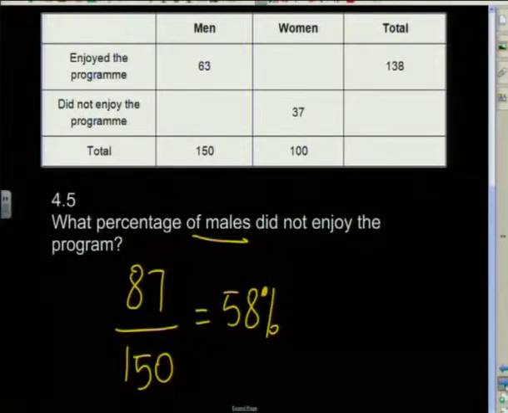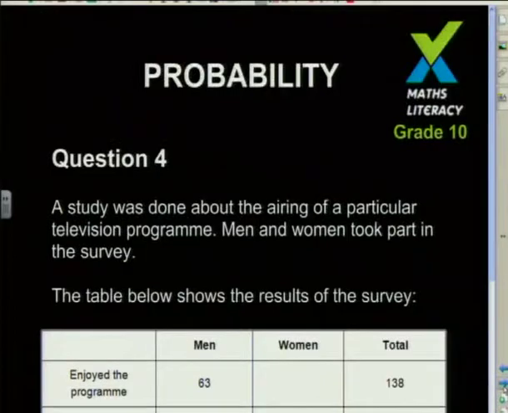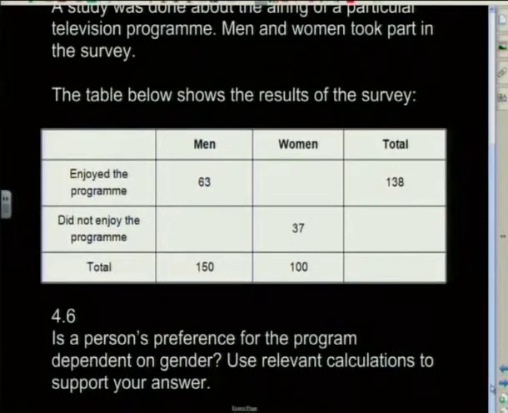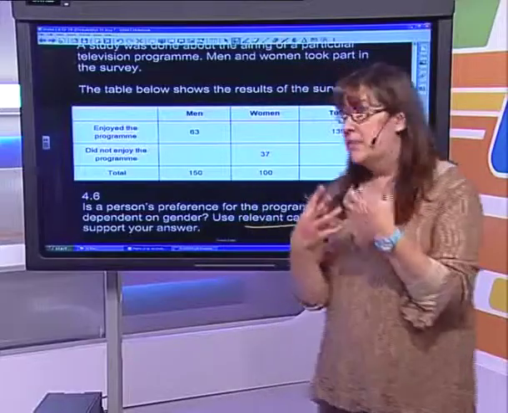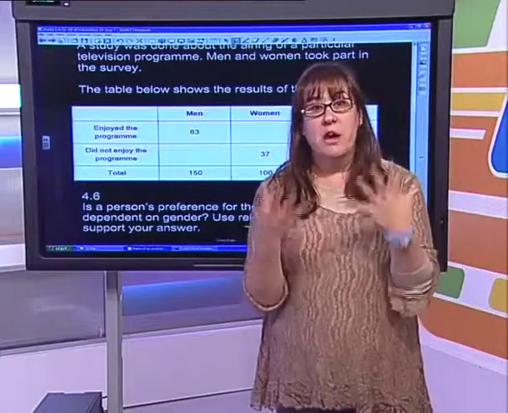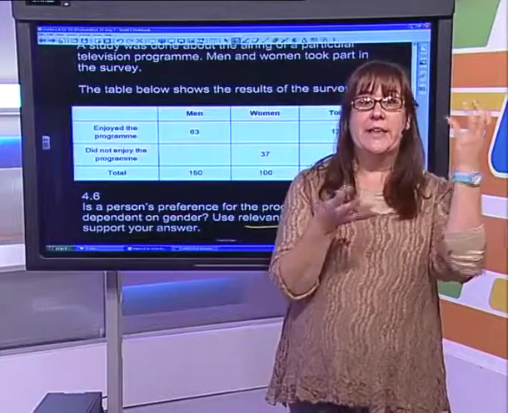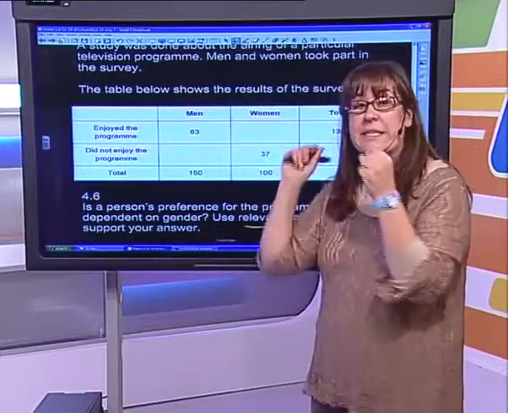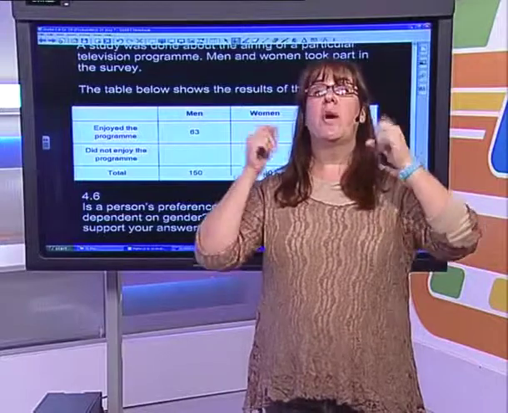And then I think our last part of this question is, is a person's preference for the program dependent on gender? Use relevant calculations to support your answer. Now, this is really important. When they ask you to compare groups like male and female, or compare something that's in a table, I want you to compare the same things.